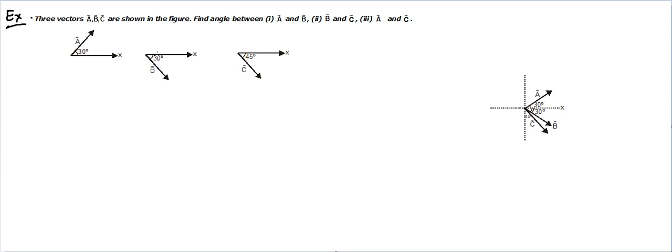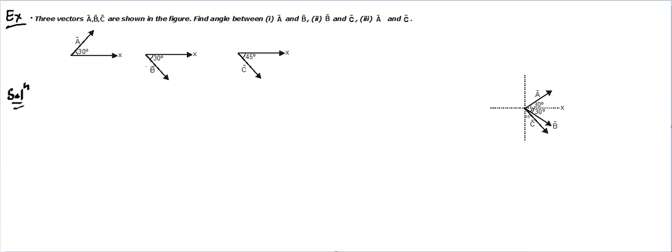Since we know these vectors can be translocated to any location, for solving this we can say that this is our axis. So this picture we can draw, and in this picture we have drawn this x direction. A vector makes 30 degrees in the upward direction, upside. So from the x direction we will be drawing A vector, keeping the same magnitude, same direction.